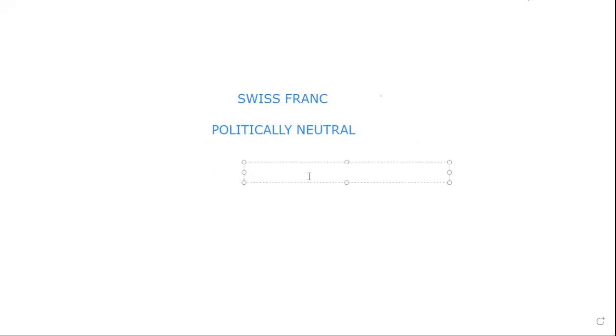So as a result, the SNB, which is the Swiss National Bank, tries to see how to control or keep their currency so that it is not too strong. Every exporting country, like the US, like Japan, like Switzerland, the major thing that their central bank does is to ensure that their currency is not too strong.